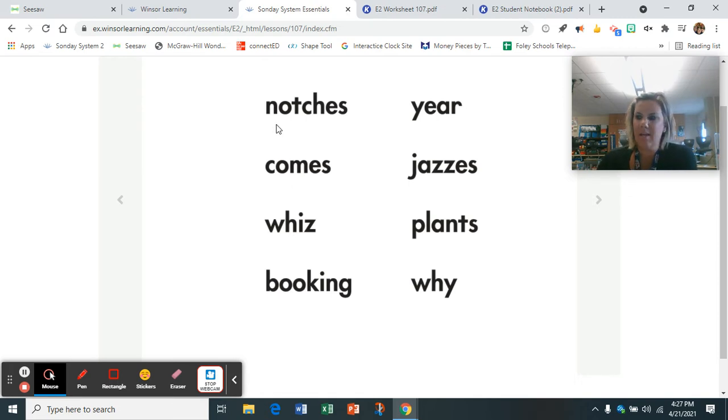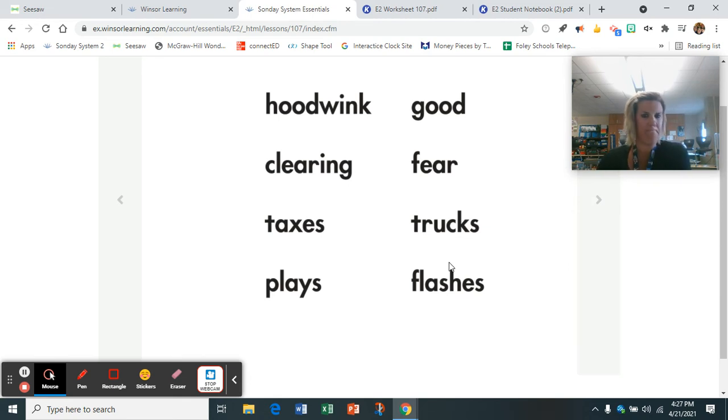Let's read. Notches, comes, whiz, booking, year, jazzes, plants, why. Practice. Hoodwink, clearing, taxes, plays, good, fear, trucks, flashes.